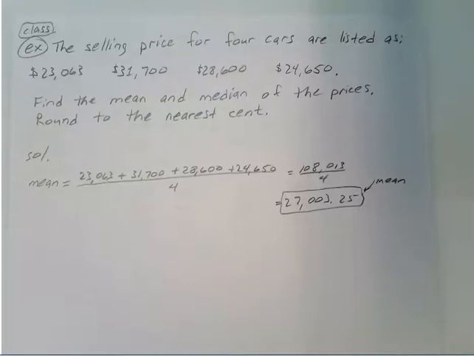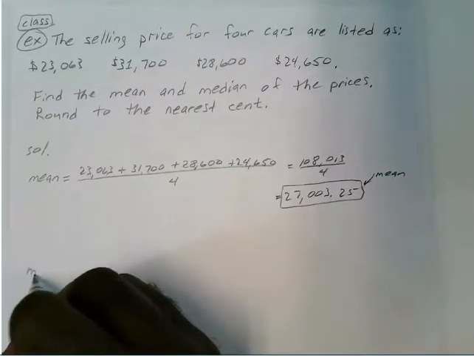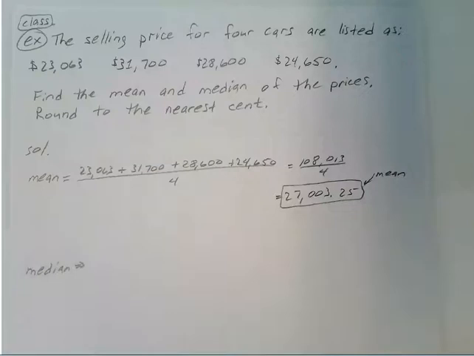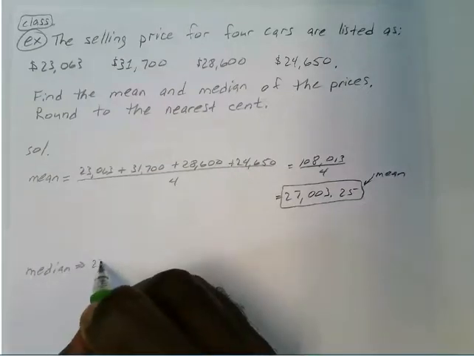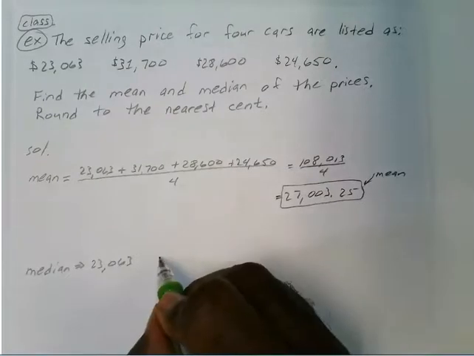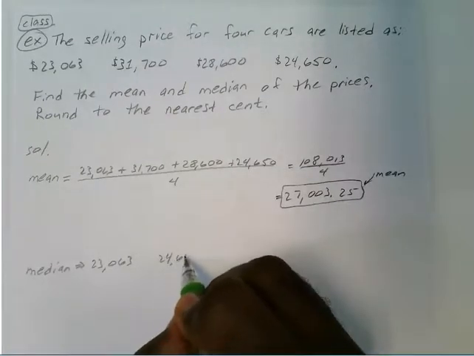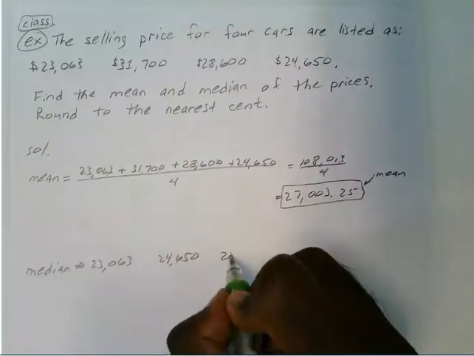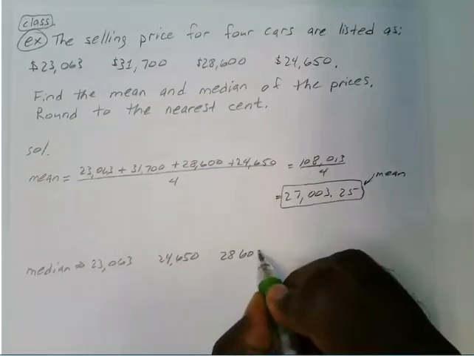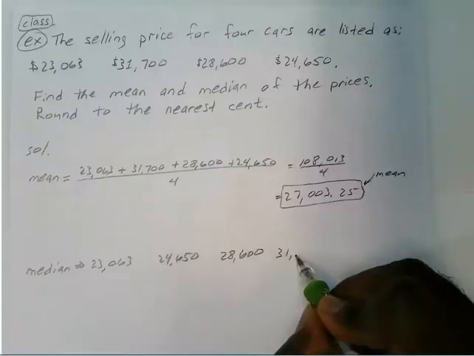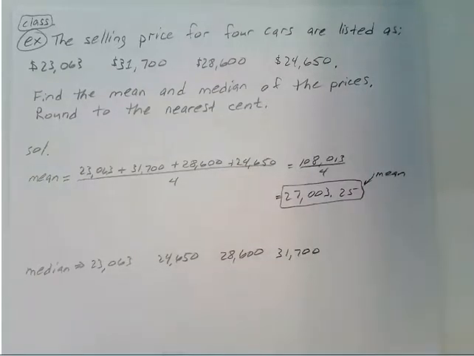Now, for your median, again, we write it in order from smallest to largest. So you have $23,063, $24,650, $28,600, and $31,700.